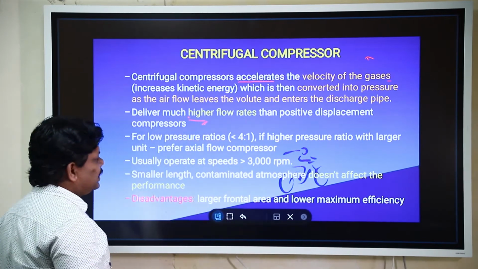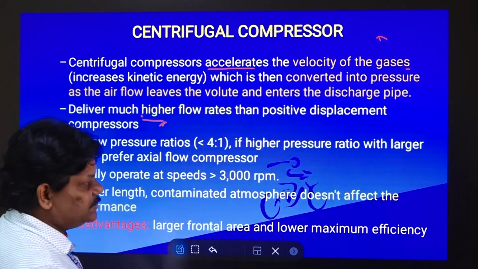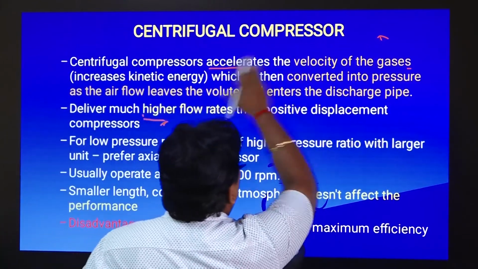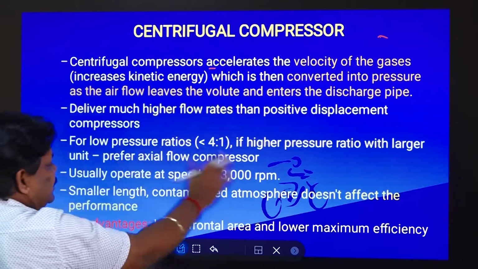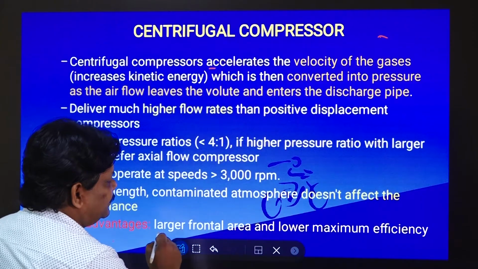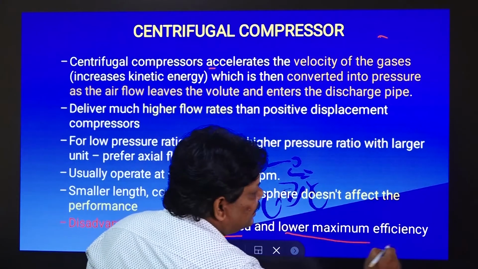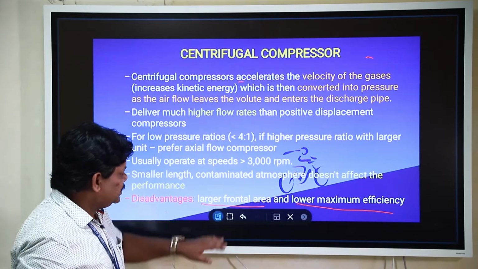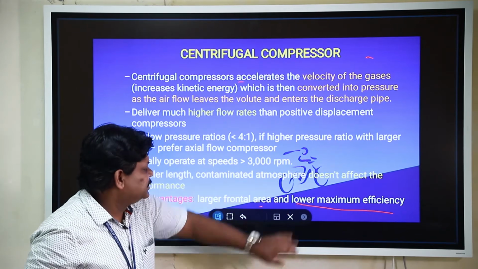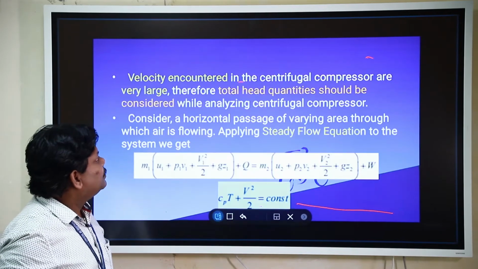Contaminated atmospheres do not affect the performance of these centrifugal compressors. The main disadvantage is a larger frontal area and lower maximum efficiency. The efficiency is less, and the frontal area is also maximum.